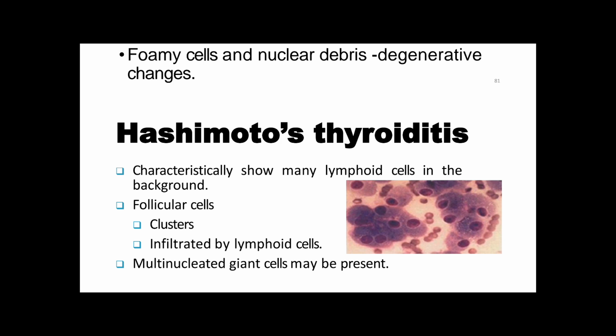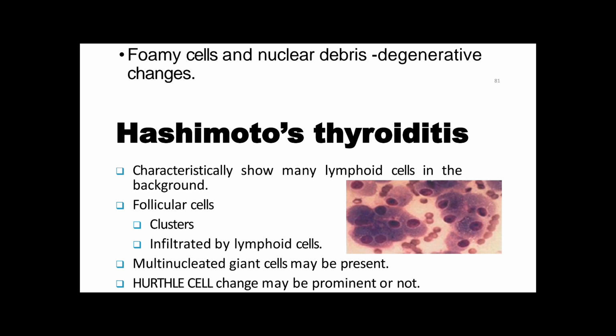Next is Hashimoto thyroiditis. The fine needle aspiration smear from Hashimoto thyroiditis characteristically shows many lymphoid cells in the background. Previously we observed an eosinophilic background; here lymphoid cells are high.